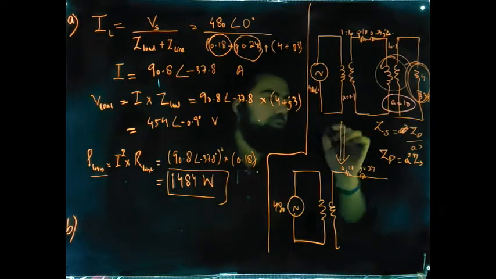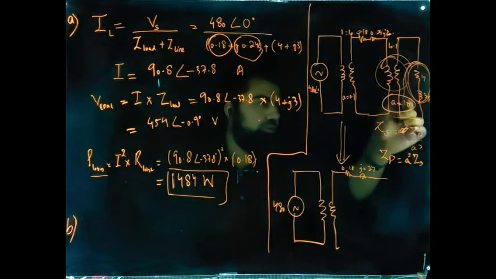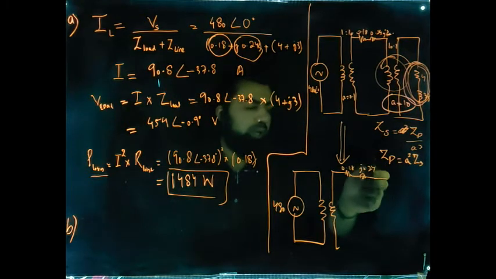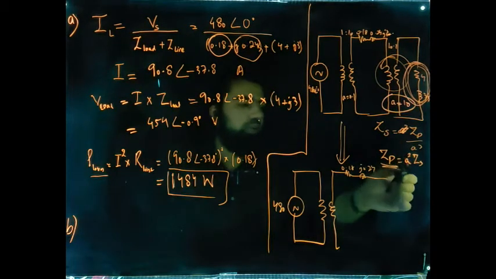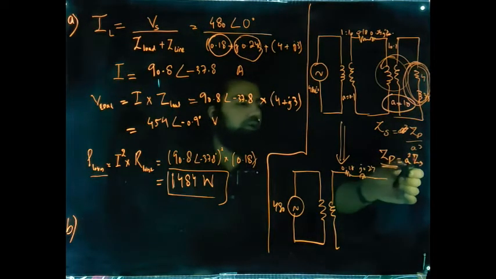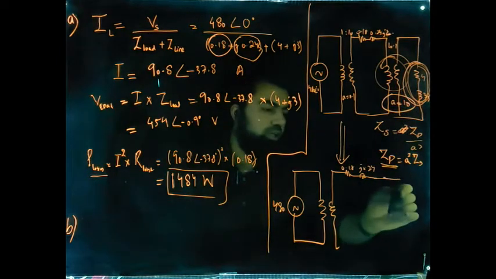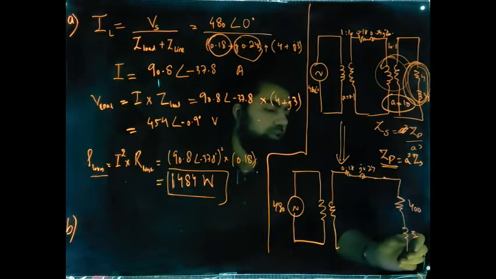For this transformer, A is equal to 10. Therefore, when this impedance is transformed to the primary side, the impedance will be equal to Zs into A squared. Where A is equal to 10, this becomes 100 into Zs. Zs is originally 4 plus 3j, so this becomes 400 plus 300j.